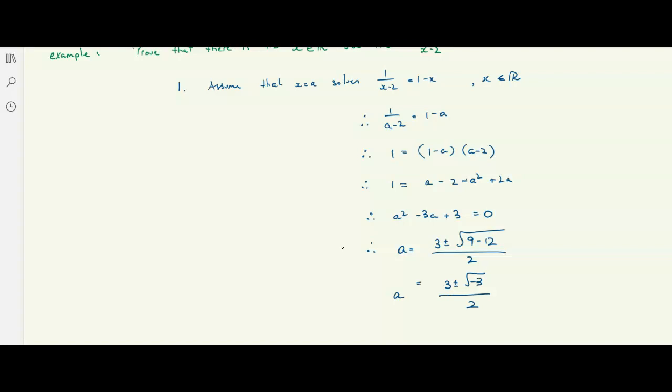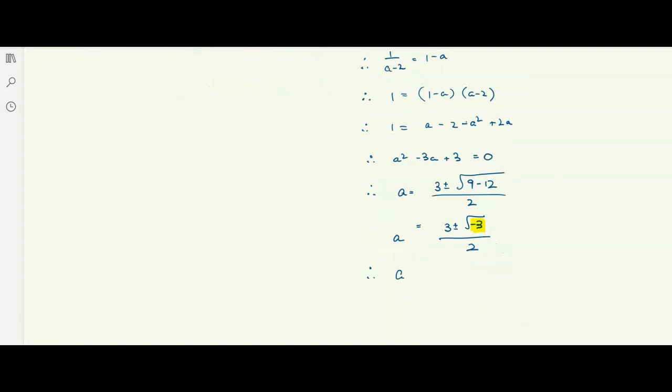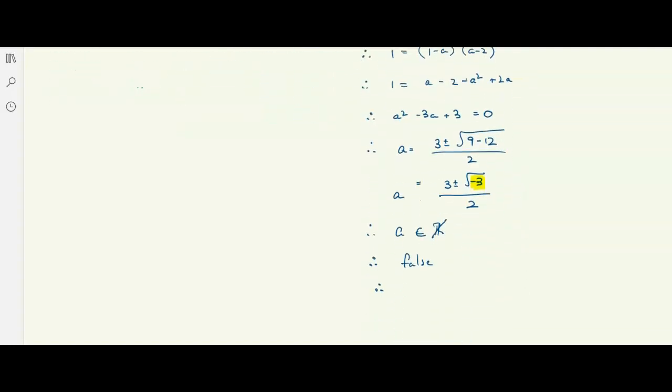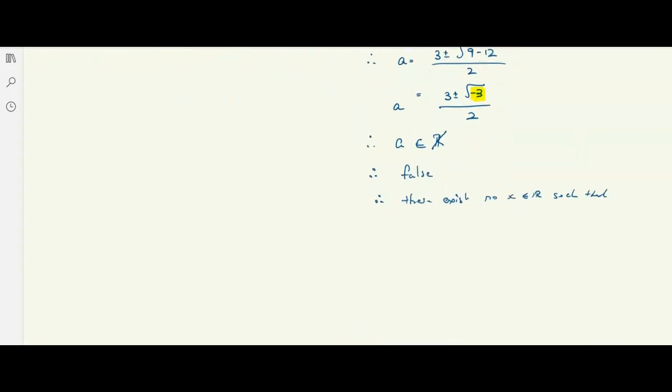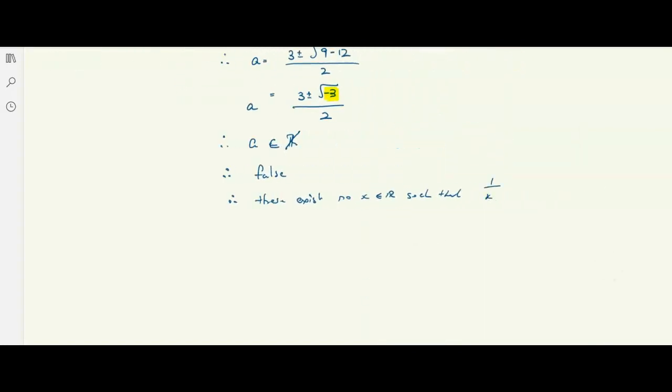We're told that x is a real number, but x is clearly not a real number. So therefore, a is not a real number. So therefore, false. So therefore, there exists no x in R such that 1 over x minus 2 equals 1 minus x.